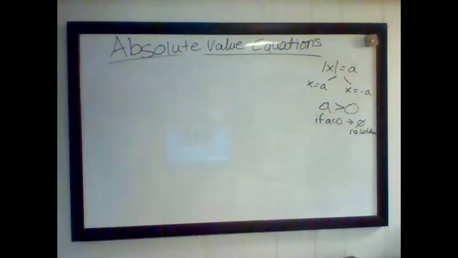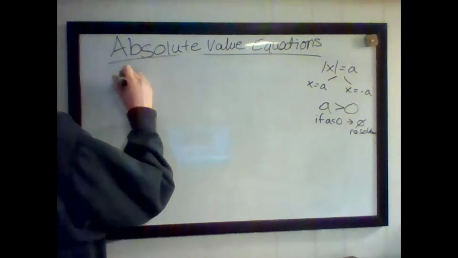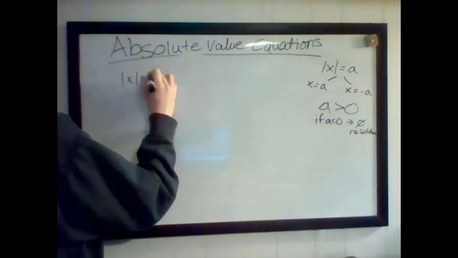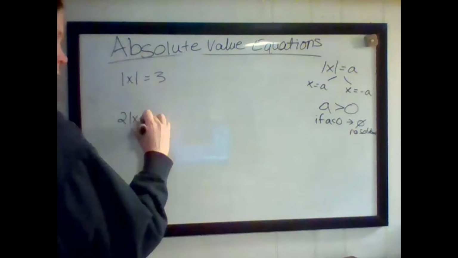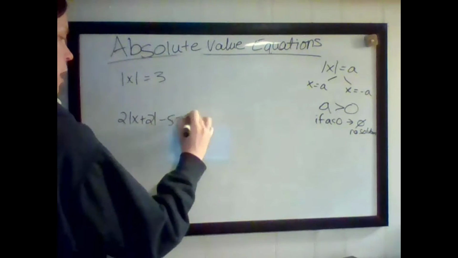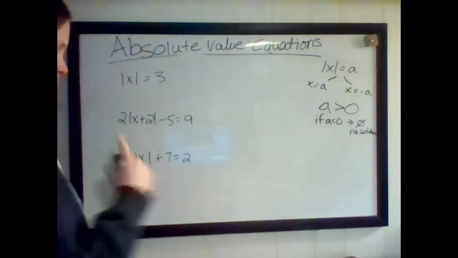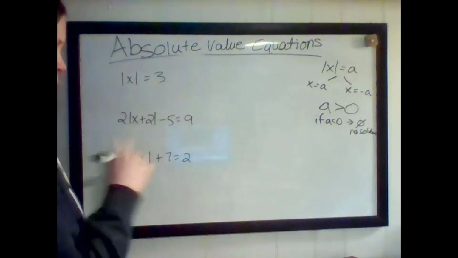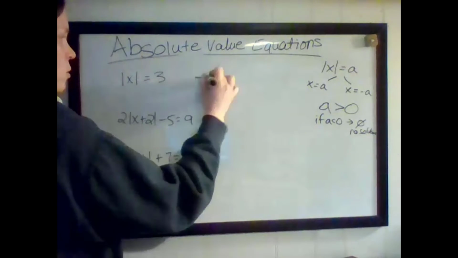Okay, so let's go back real quick, and let's graph each of these to see what they look like. Our different examples were absolute value of x equals 3, then 2 absolute value of x plus 2, minus 5 equals 9, and then absolute value of x plus 7 equals 2. Now first I'm going to rewrite them so I can put them into a graphing calculator or Desmos, whatever you're going to use.